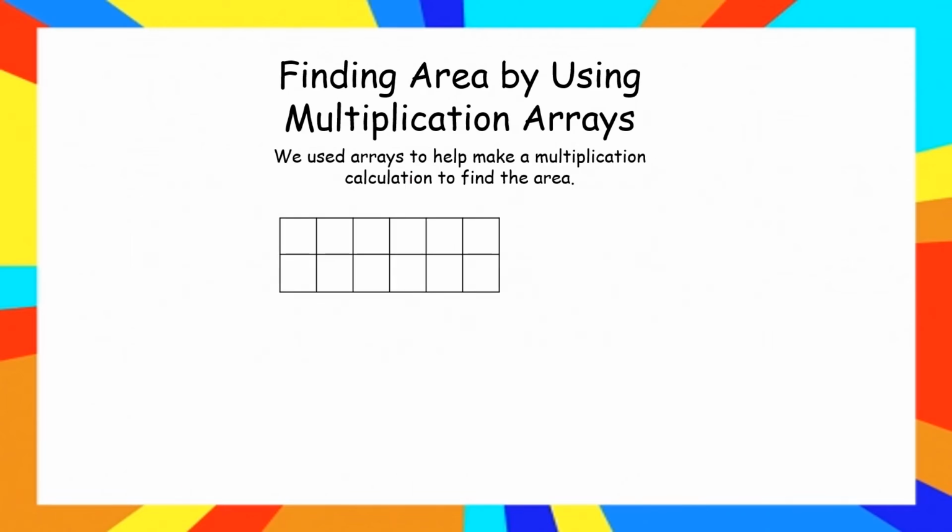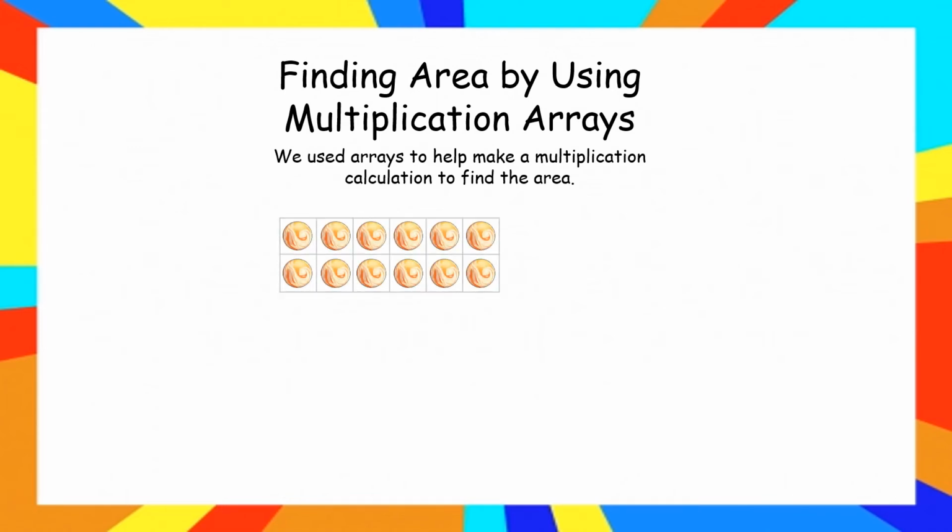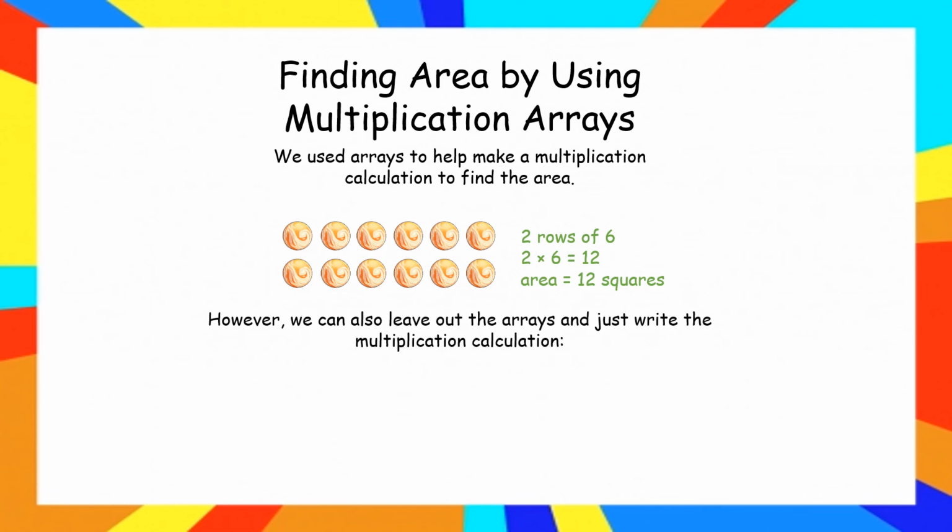We use arrays to make a multiplication calculation to find the area. So we have 2 rows of 6, 2 multiplied by 6 is 12, and then the area is equal to 12 squares. When we draw the arrays inside the square, we are also able to count in order to find the number of rows and then the number of arrays.